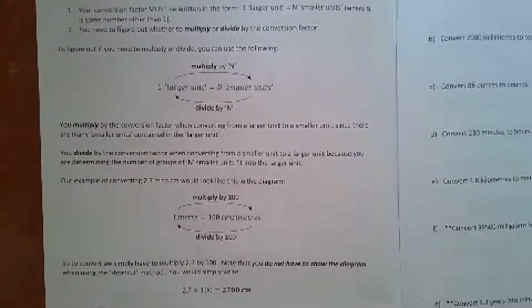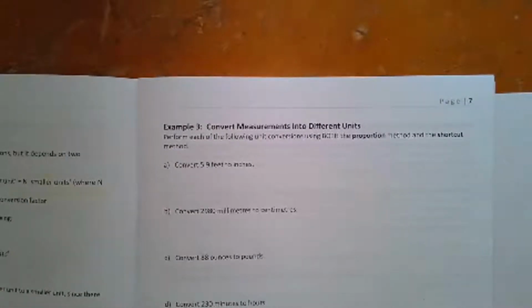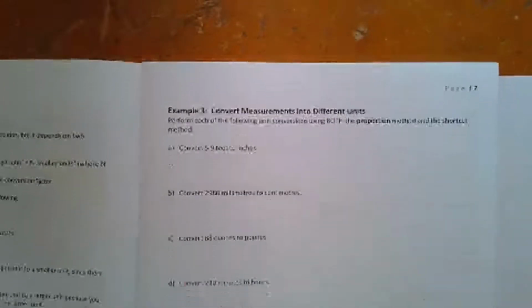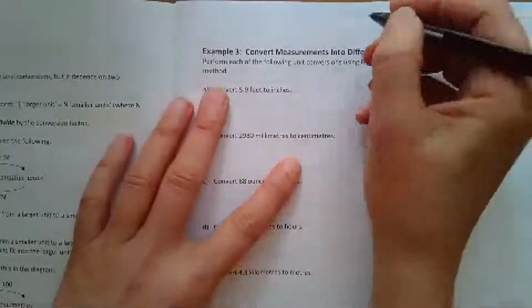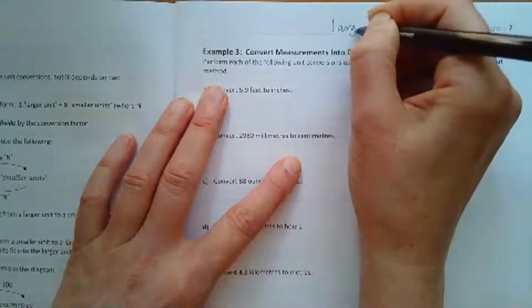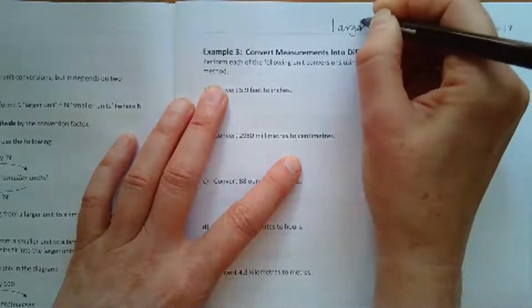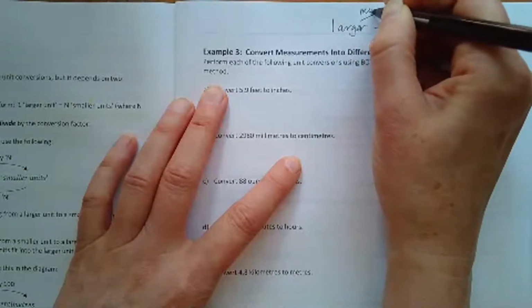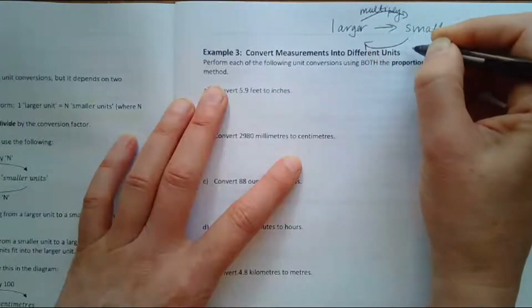So I'll do a couple with conversion, and then maybe I'll do a couple with the quick way, okay? For the quick way, you always have to remember you're going larger to smaller. The only reason you're doing this is so you can keep using multiply this way and divide this way.